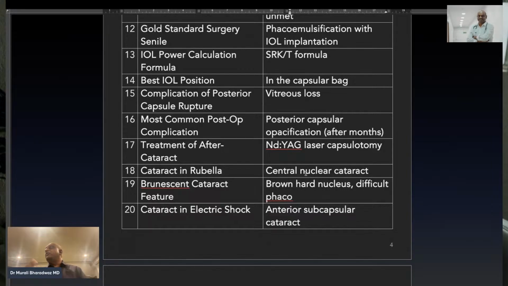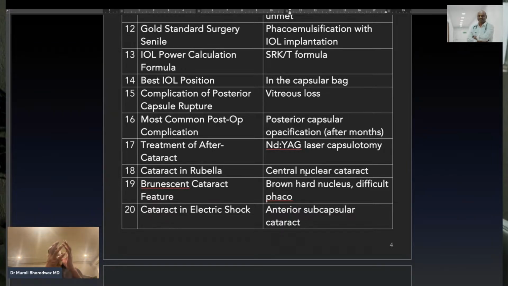If you want to know the power of the intraocular lens, you calculate it with the SRK formula. Power, in diopters, is inversely proportional to the radius of curvature.